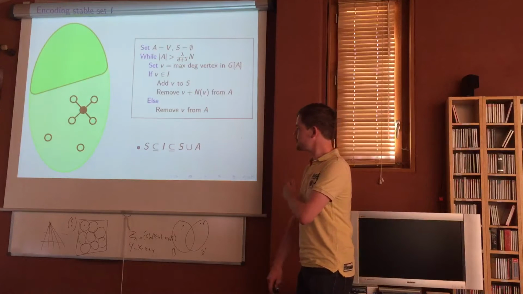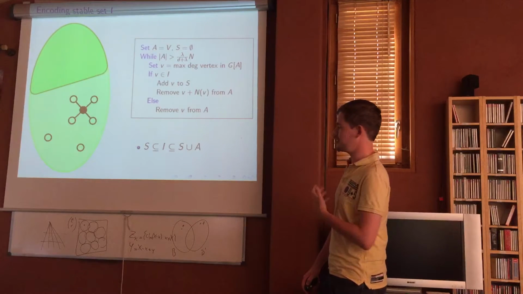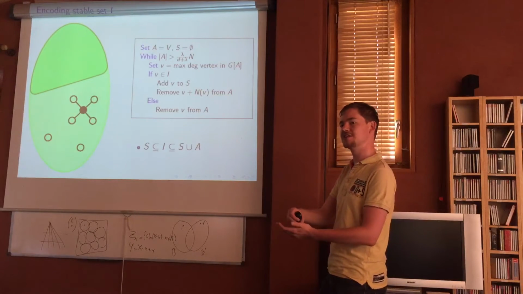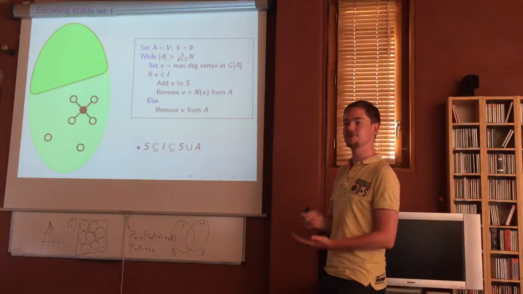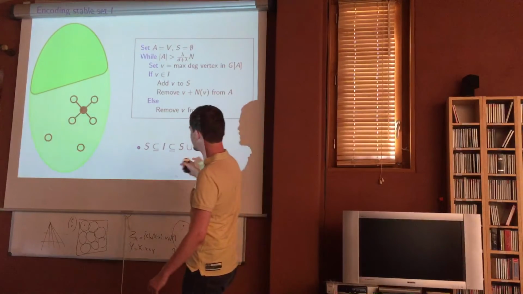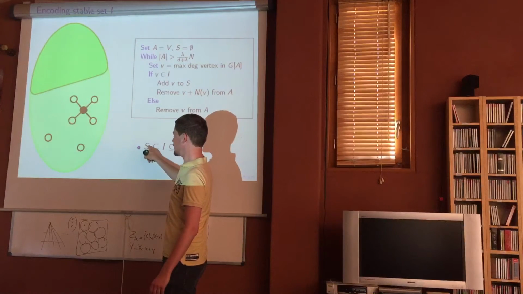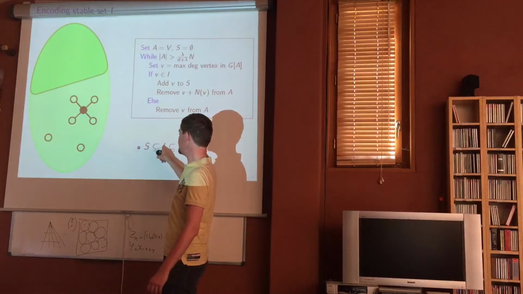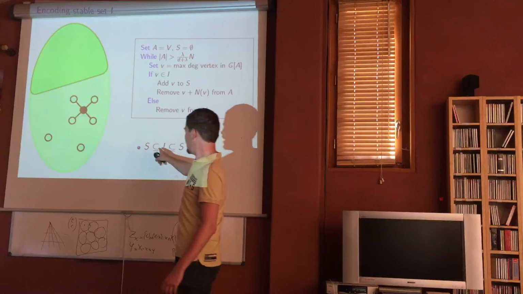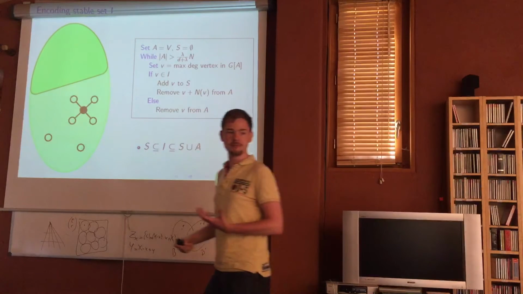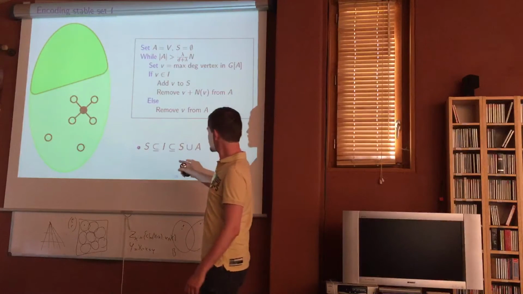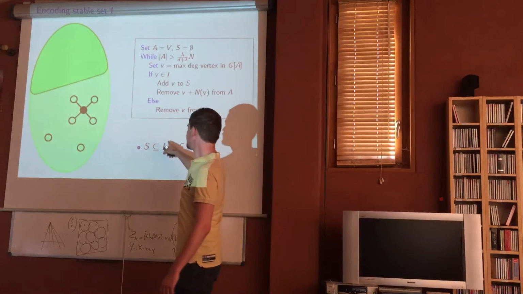Okay, so here are some properties of the output of this procedure. The procedure gives you a set S of selected vertices and the remaining vertices that you haven't looked at yet. As soon as you select a vertex and put it in the set S, it has to be in the stable set that you want to encode. So S is definitely a subset of the stable set.